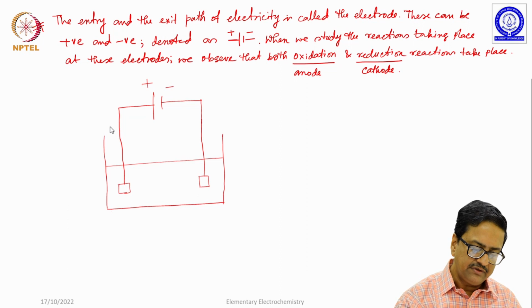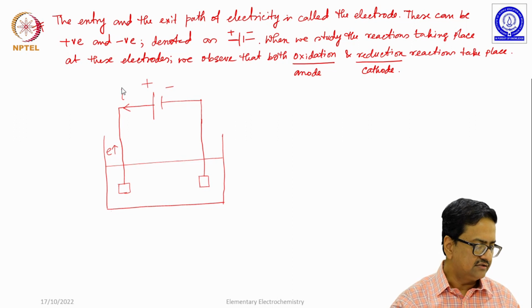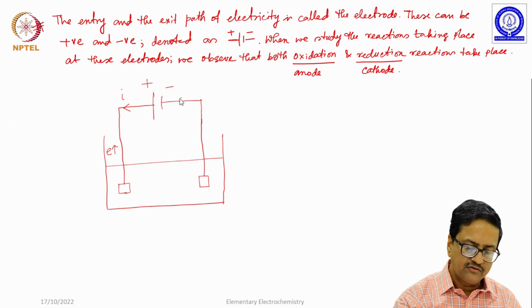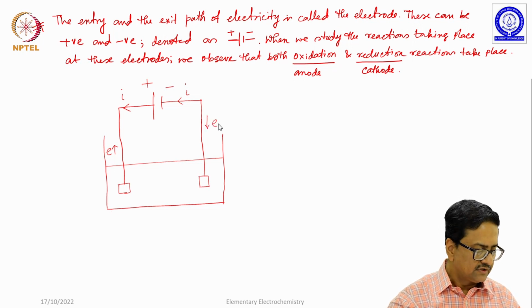So, what will happen is the electrons will flow in this direction in the outer circuit, while the current is flowing in this direction. So, I is this direction and flow of electron is in that opposite direction.